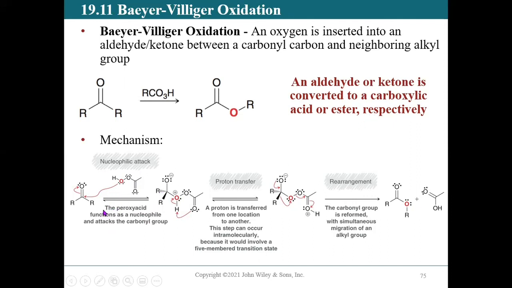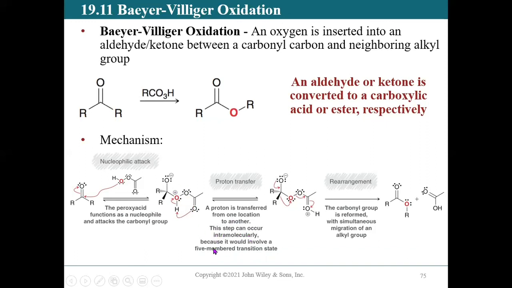There's a mechanism here. The first step is the nucleophilic attack. So the peroxy acid functions as a nucleophile and attacks the carbonyl group. A proton is transferred from one location to another in the same molecule.